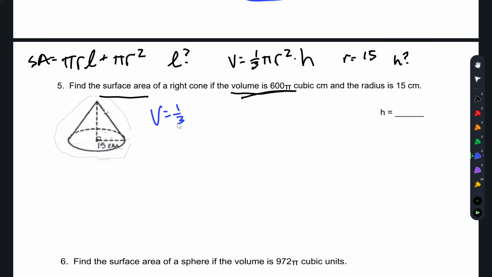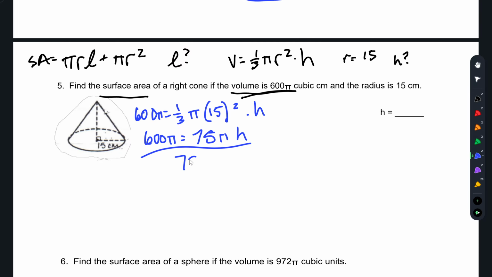Volume equals 1/3 pi, radius is 15, squared times h. We're going to solve for h. This should be 600 pi. We're going to solve for h by simplifying a little bit first. 15 squared, 225, times 1/3. 225 times 1/3 is 75.